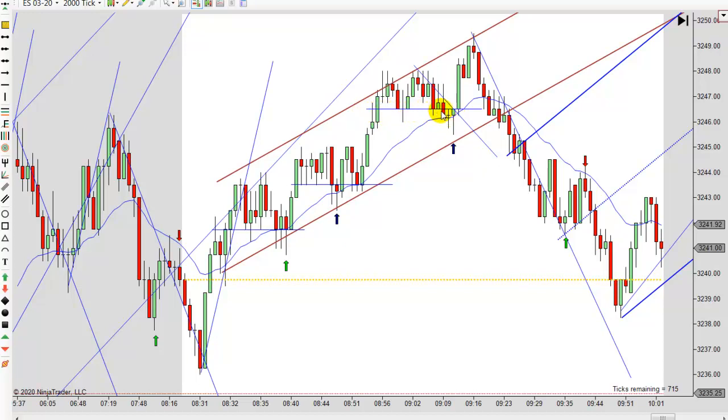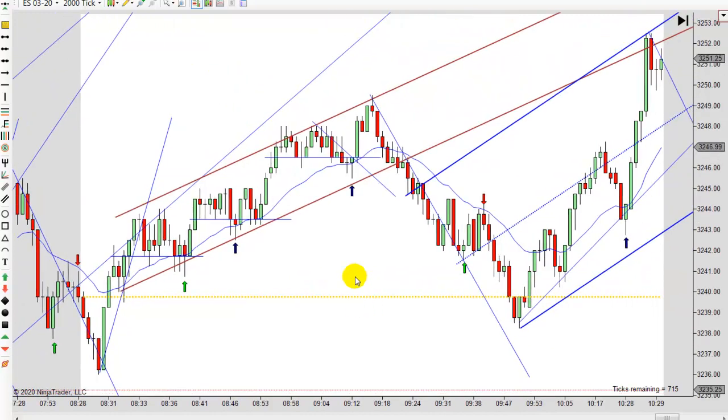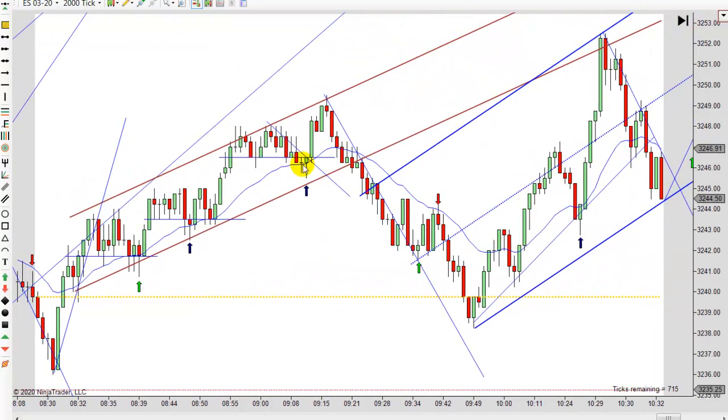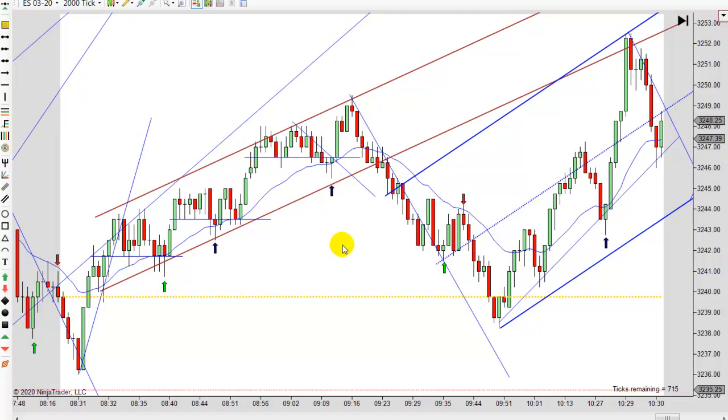You get the double test of this level right here with a failed break lower and a nice signal bar. And off it goes again. And if it weren't for the fact that this one didn't actually touch the trend line, it would be a little bit concerning, but the fact that it's a triple repeat pattern in a row, it's hard to ignore that one.